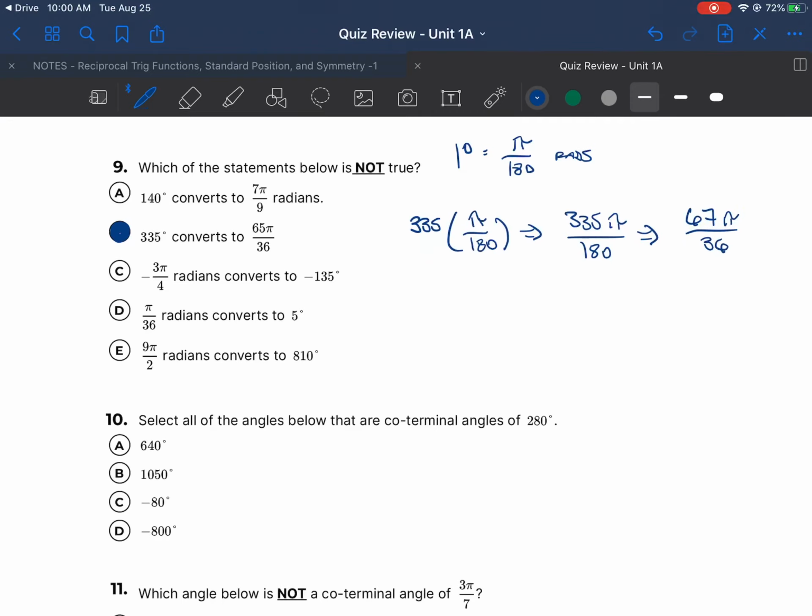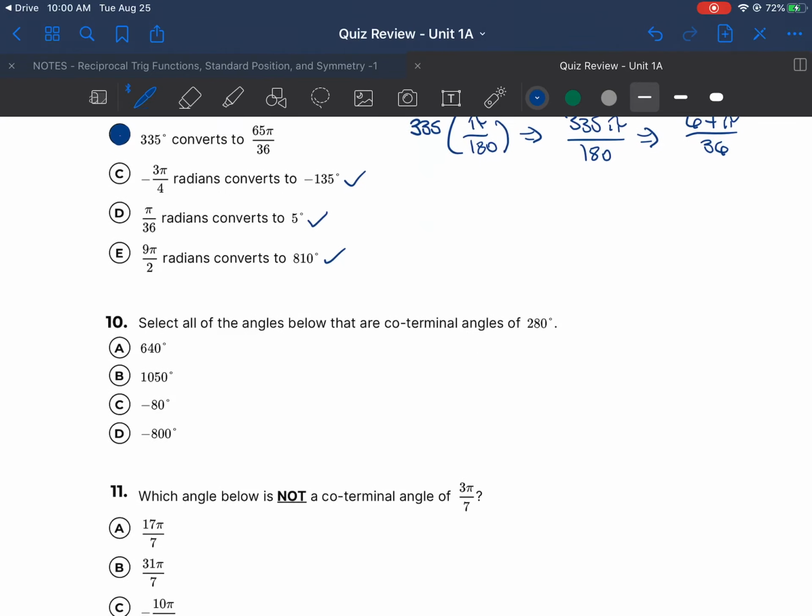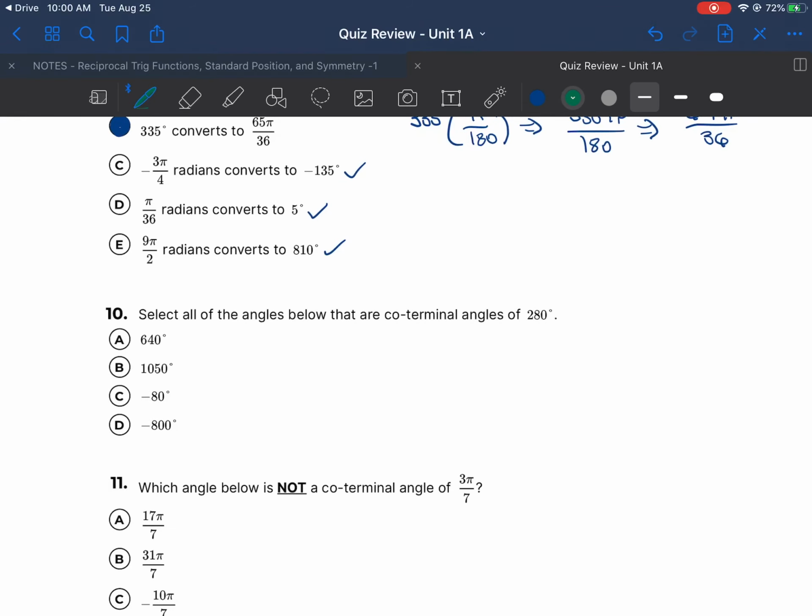And this is not true because option B says it converts to 65 pi over 36 instead of 67 pi over 36. So A would be true if you work it out. C, D, and E are also true if we work them out. B, however, is incorrect.